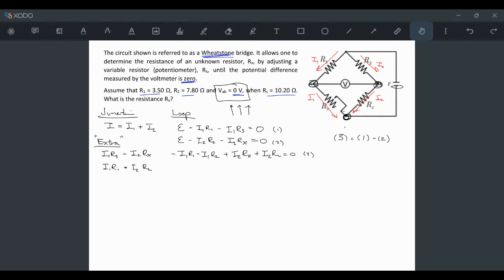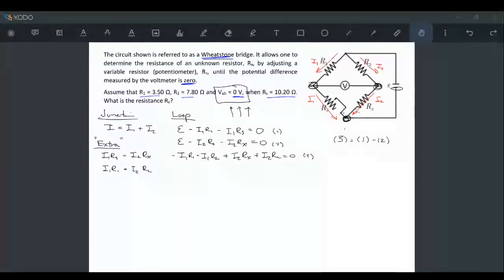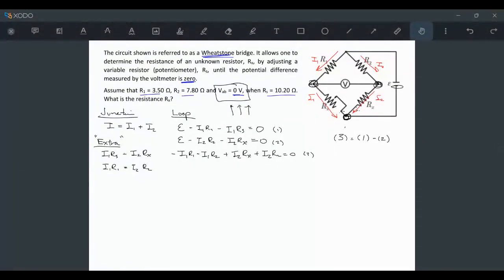So it only works when VAB is equal to 0. But with that in mind, now we have all the information that we can work with. And I think what you would find if you just started working with the junction and the loop rule and you didn't have this extra information, you would kind of go in circles. You would not have a way to get rid of enough variables to get exactly what you want.